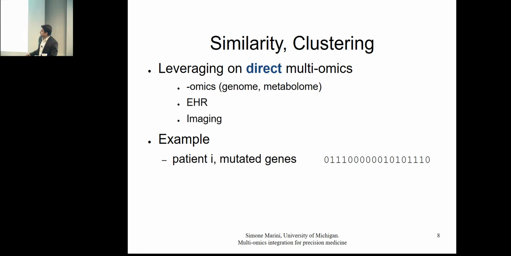So each patient can then be represented by a vector, right? A binary vector. Each element of the vector corresponds to a specific gene, and I'm just checking if that gene is mutated or not. I'm not considering how many mutations. I'm not weighting the mutation. Just putting a 1 if I find a mutated gene.